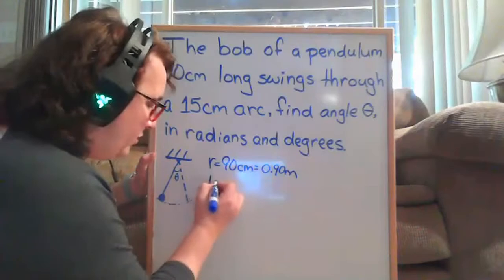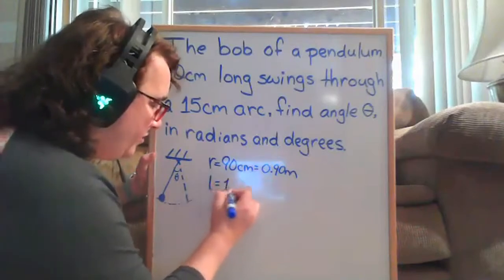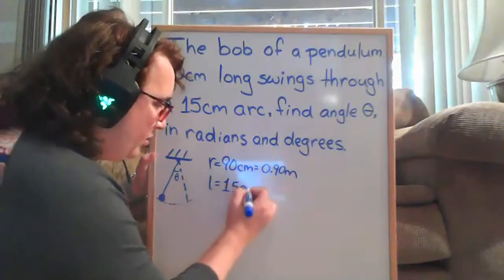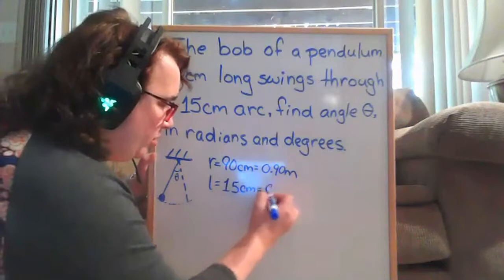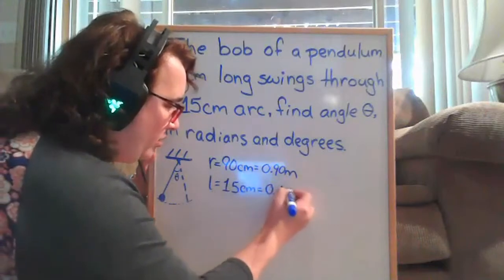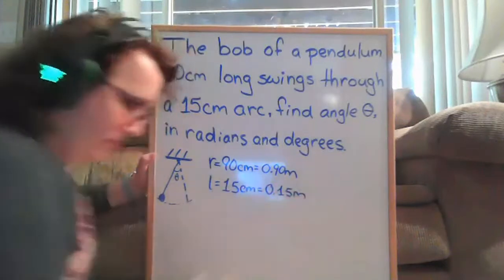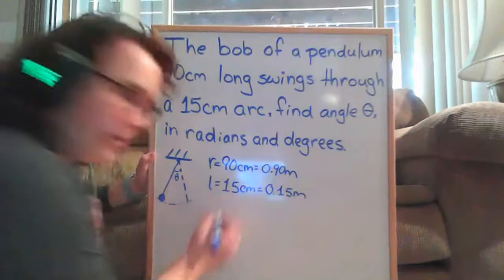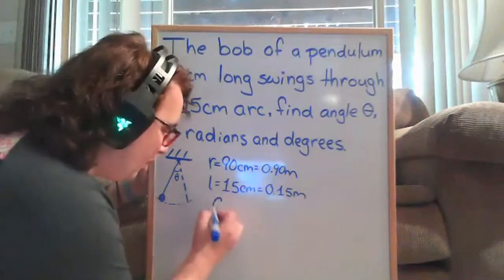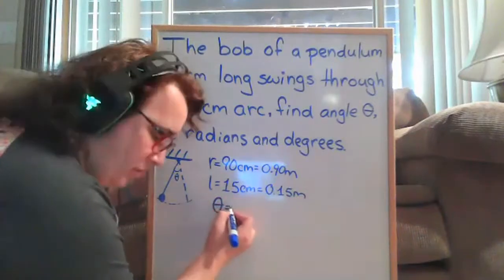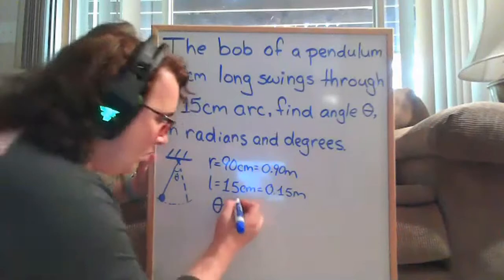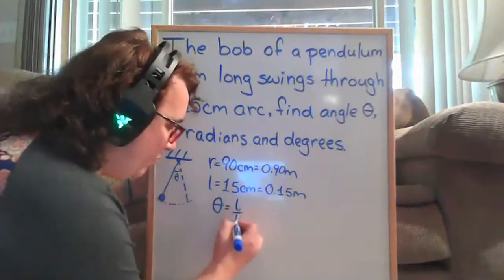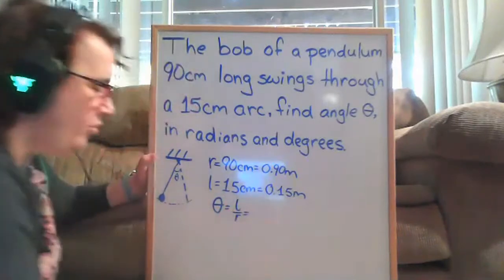And the length of my arc is 15 centimeters, which is equal to 0.15 meters. So I can solve for theta. Theta is equal to the length divided by the radius, so L over R.